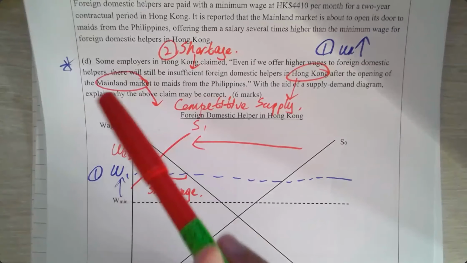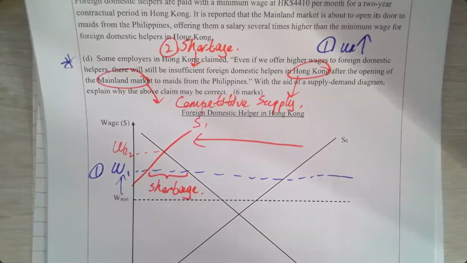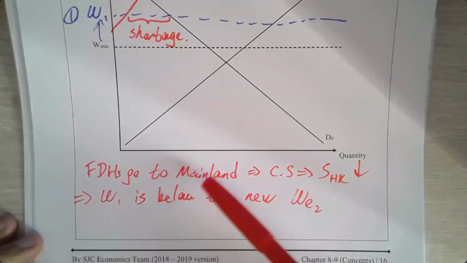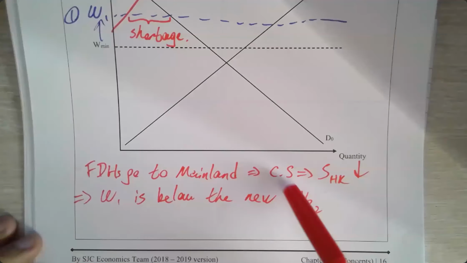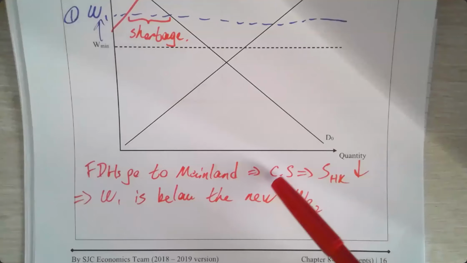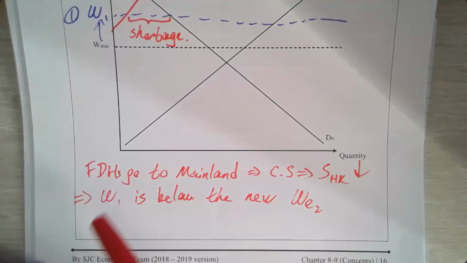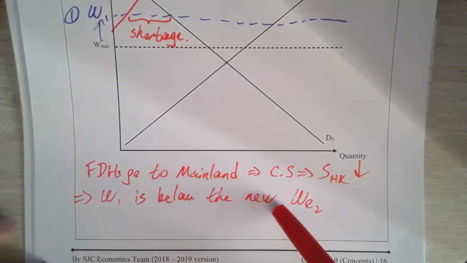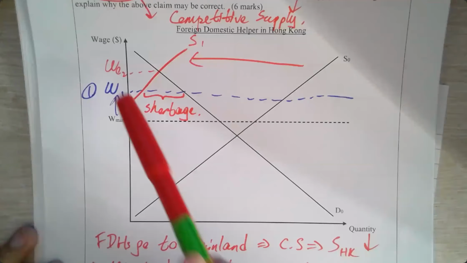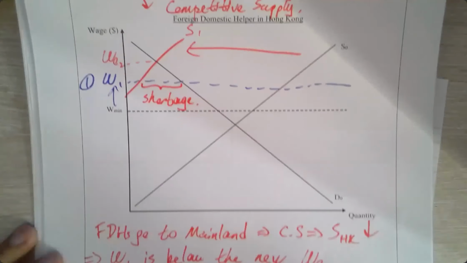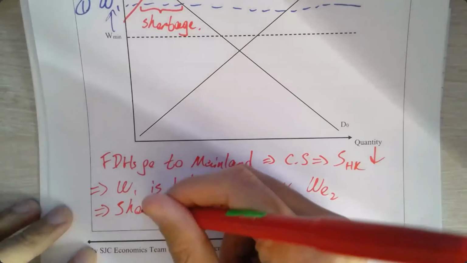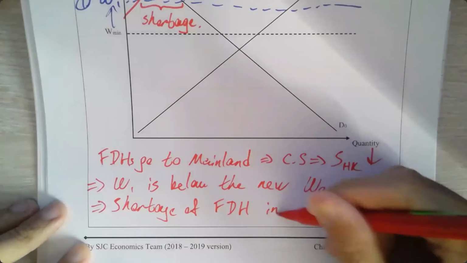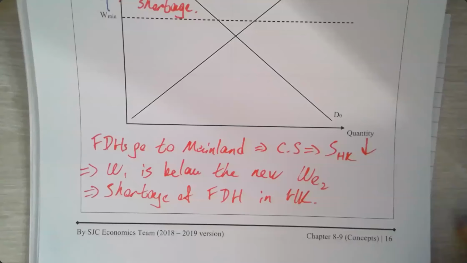Make sure you study more at home about this question. Remember, you need to draw the diagram and explain why supply would decrease because of the competitive supply, and explain that even as wage increases, it is still below the new equilibrium wage WE2, such that there is a shortage of foreign domestic helpers in Hong Kong. Even after raising the wage, it is still not enough!